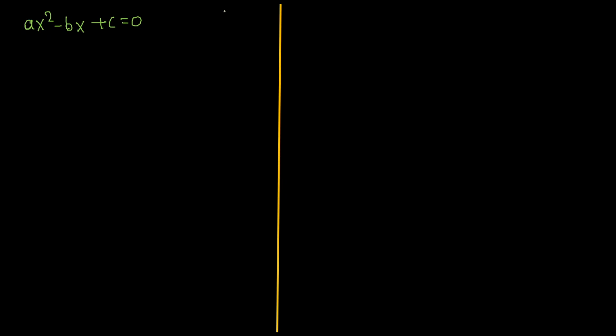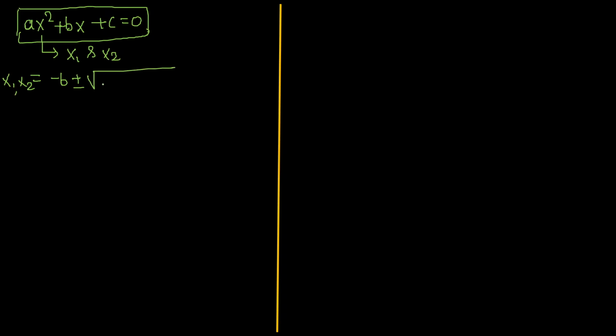Since x has power 2, it has two possibilities, x1 and x2. How will you identify those values? We use a standard formula: x1, x2 equals minus b plus or minus square root of b square minus 4ac, upon 2 times a.